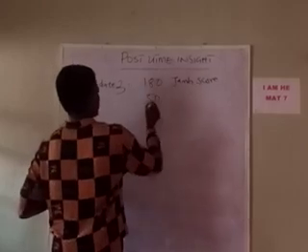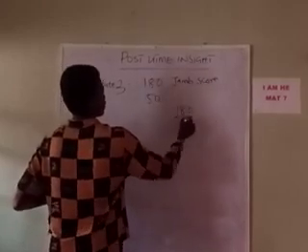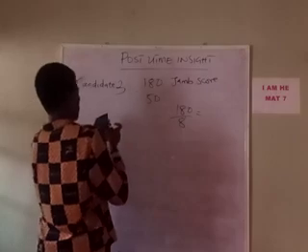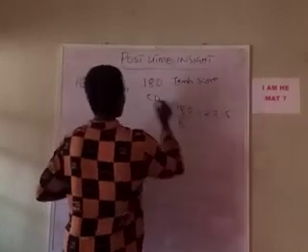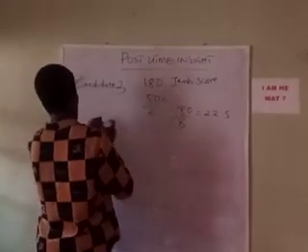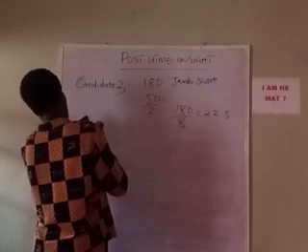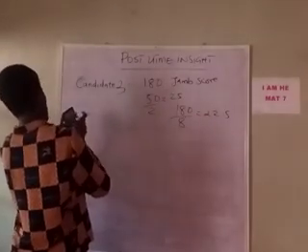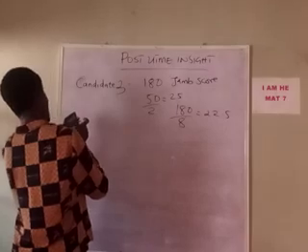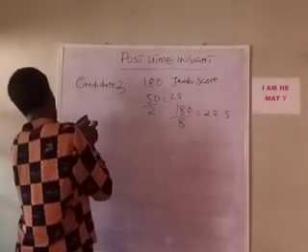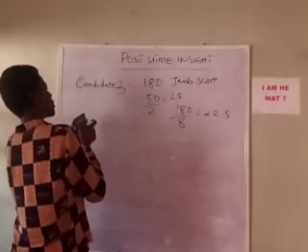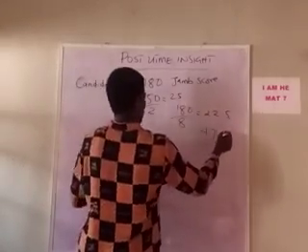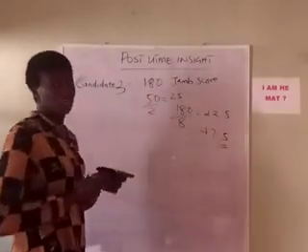Let's see what it's going to be. 180 divided by 8 will give us 22.5. Then 50 divided by 2 will give us 25. So 22.5 plus 25 will give us about 47.5. So this is how to calculate your aggregate, you understand?